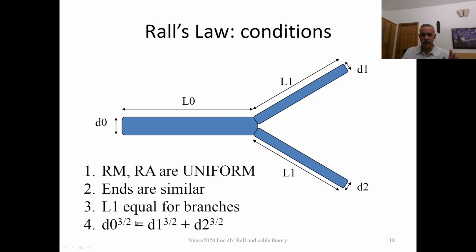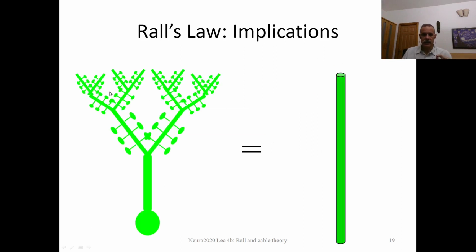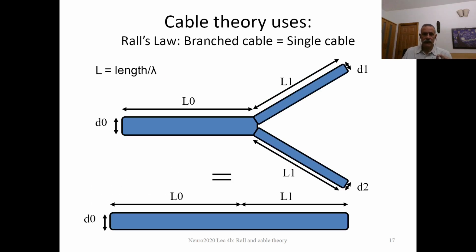So this is a little bit like Pythagoras' theorem, but here the exponent is 3 by 2. Okay, so this is the 4th condition, and this is the crucial one. D0 to the 3 by 2 is equal to D1 to the 3 by 2 plus D2 to the power of 3 by 2. Keep it in mind that if these conditions are satisfied, then you can treat this whole thing, as we saw a moment ago, like a single cylinder.